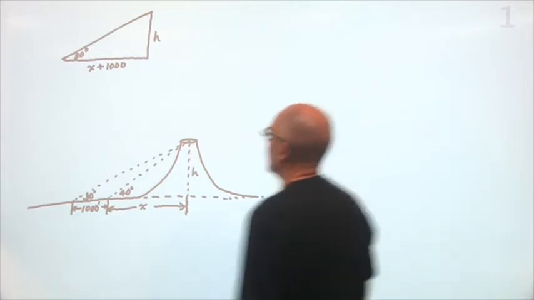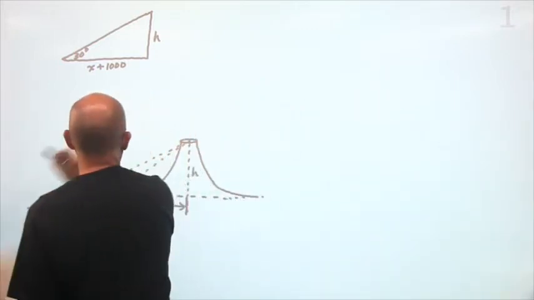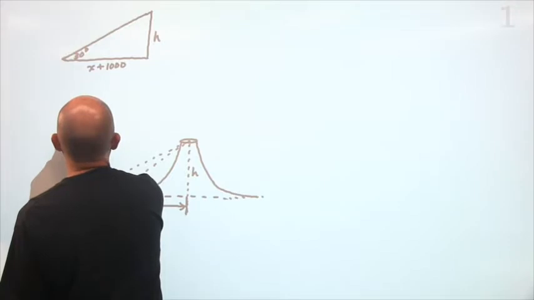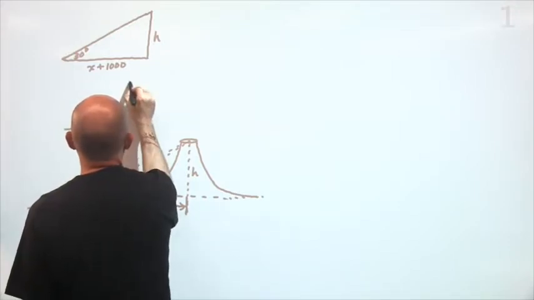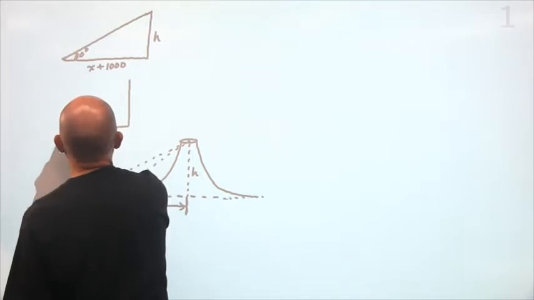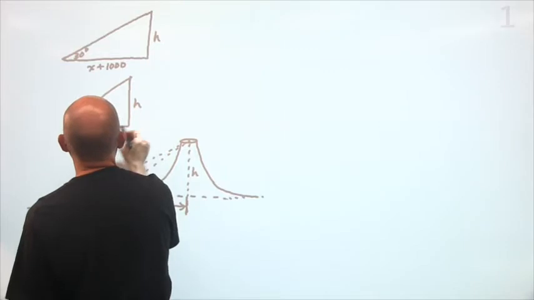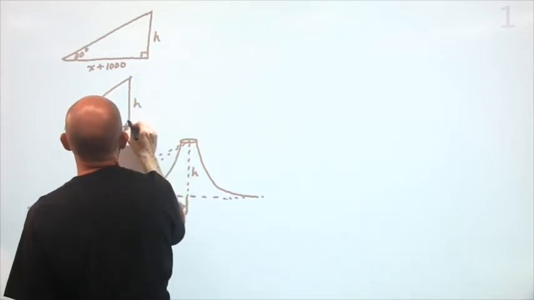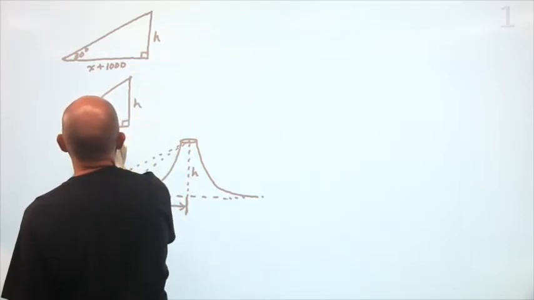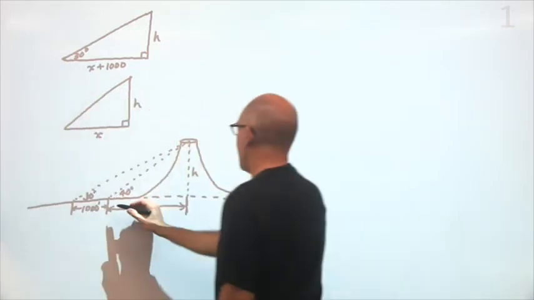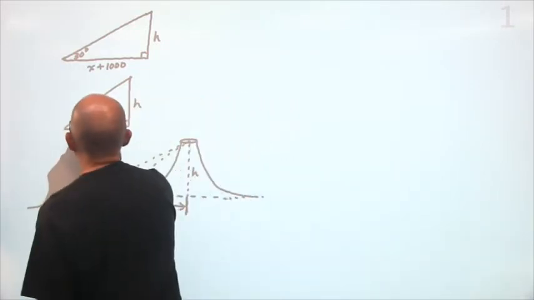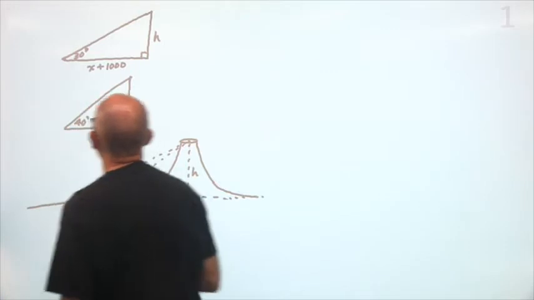Now let's look at the 40-degree triangle. So here we have h is the height again, and this is the right angle, of course. The base is x, and the angle 40 degrees.